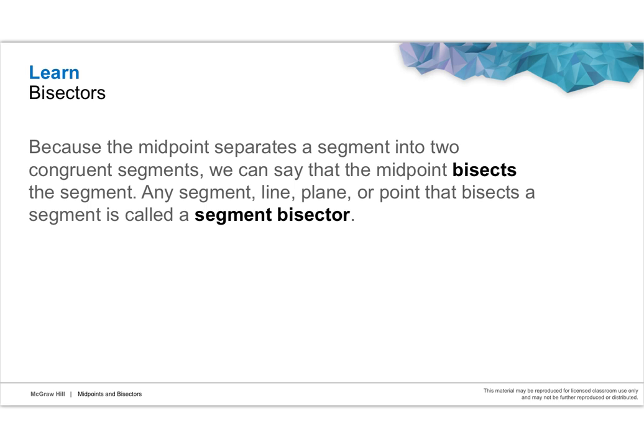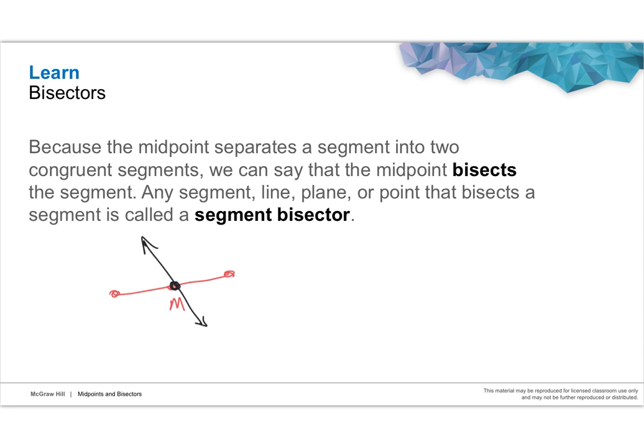Any segment, line, or plane that bisects a segment by going through that midpoint is called a segment bisector. So again, the thing that we can measure is a segment, but that segment might have a line come through it, like so. Pretend it goes through that point.